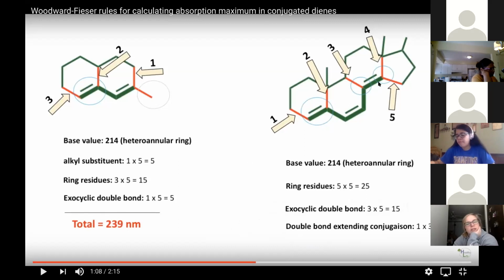Okay, so I feel like it's telling me that this carbon here and this carbon here are both contributing. Oh, okay. Yeah. I see it now.